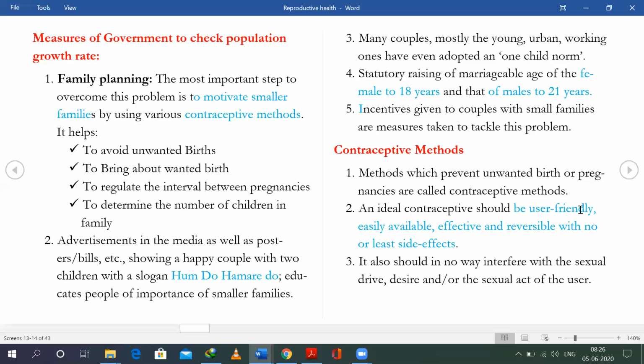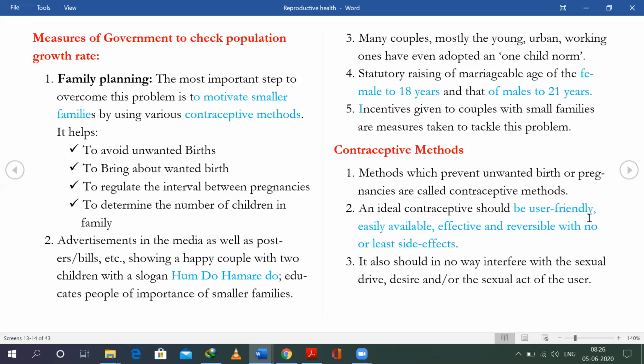And as well, reversible. Obviously you are interfering with something as natural as getting pregnant, which means you are inducing some changes in the physiology, and these changes have to be reversible in nature. It should not permanently alter the physiology.